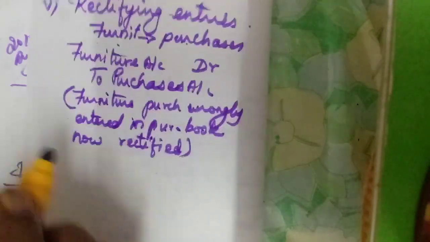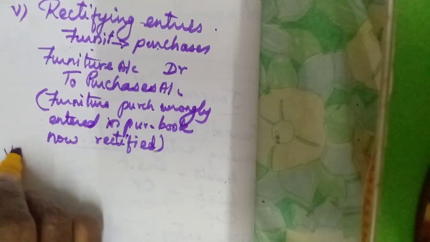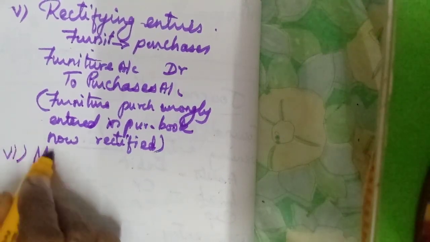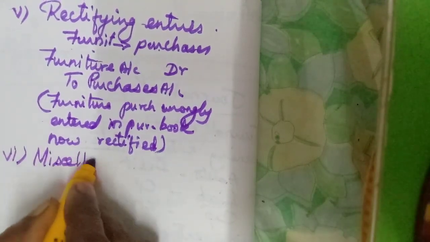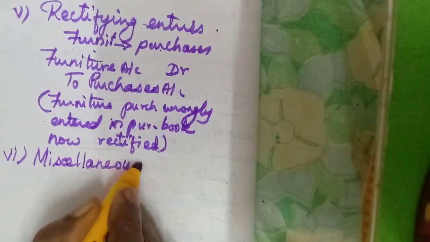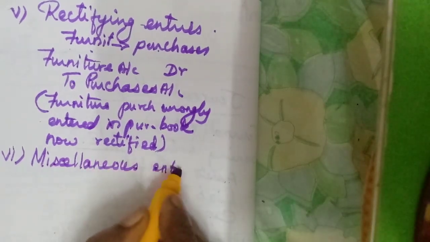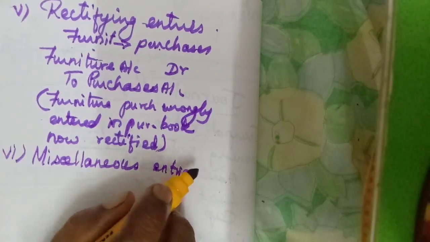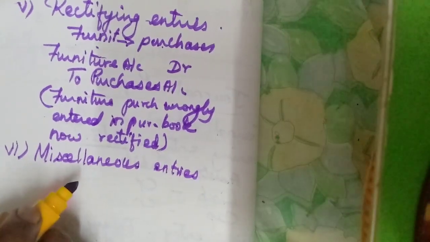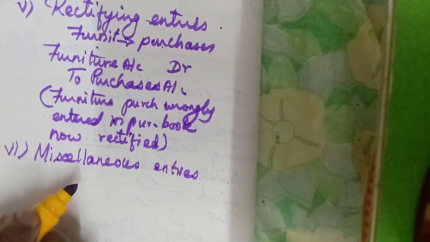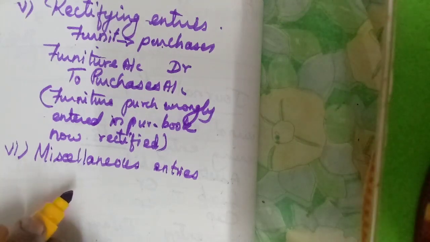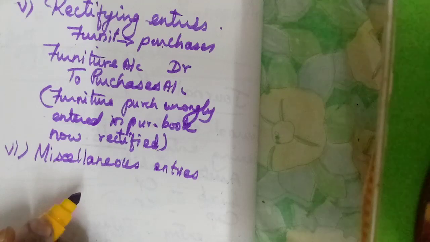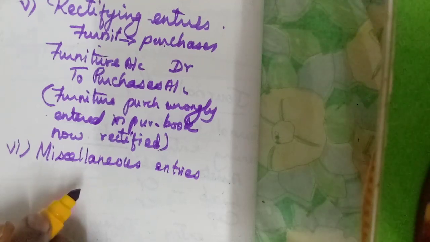Then other entries, miscellaneous entries, other than these. All the credit purchase or credit sale of assets we will not enter in the purchases or sales book, isn't it?